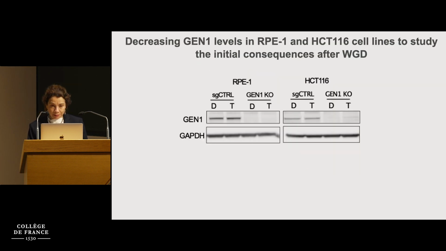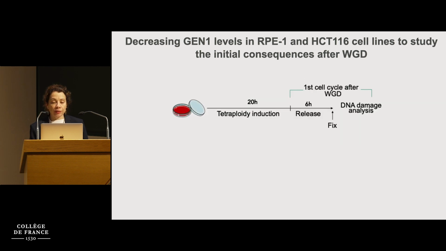And then we spent a lot of time generating Gen1 knockouts in RPE1 cells and also in cancer cells, HCT116, which are p53 competent but still cancer cells with quite stable genome content. And we have indeed a few cell lines that, by knocking out exon 2 or 3, show very low levels of Gen1, as you can see over here.